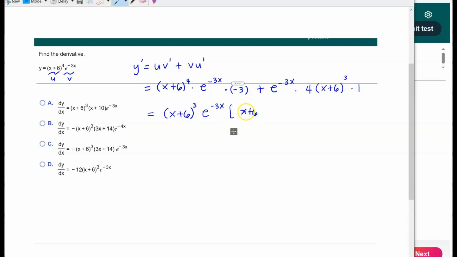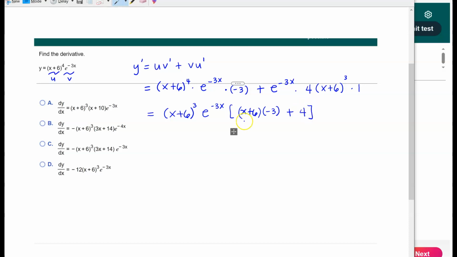And then you can check: you multiply this by that, you should get x plus 6 to the 4th. And then times negative 3. You would also be left with that negative 3 after you factor out the e to the negative 3x. Plus, now in this case, if you remove this part and you remove this, you will be left with 4.